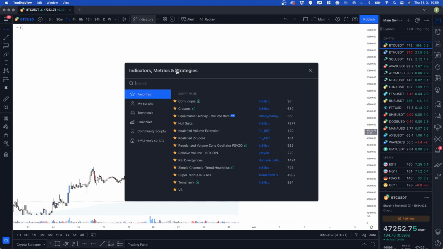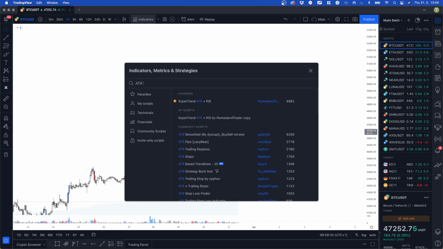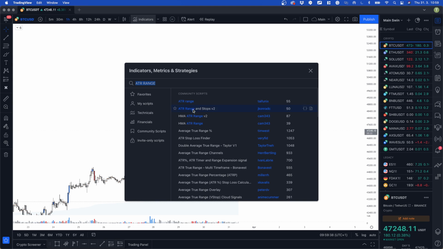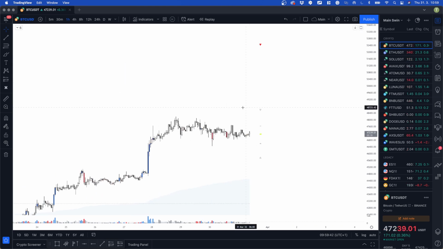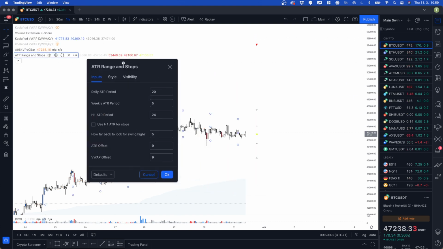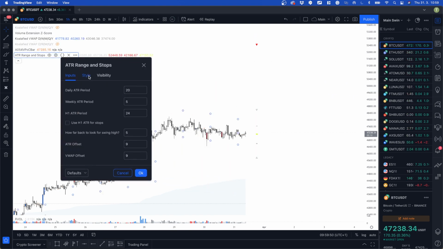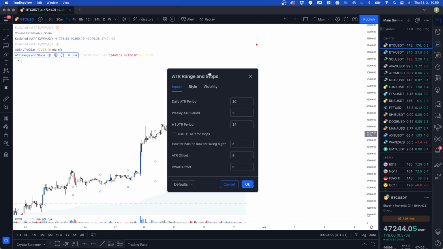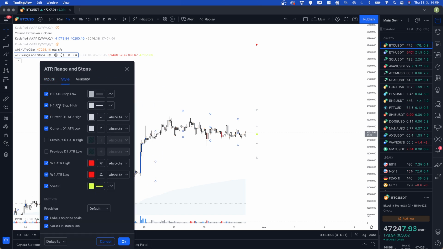You are going to go to the indicators on TradingView, and you will take a look at the ATR range and stops, this second version basically. If you take a look at the settings here, you will have different ATRs that give you the expectation for the next hour, the current day and previous day ATR.